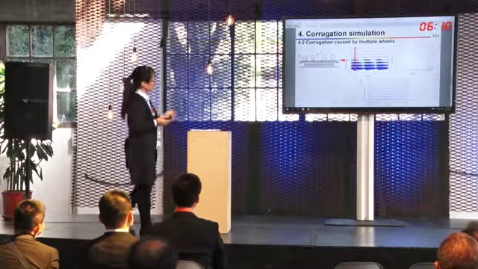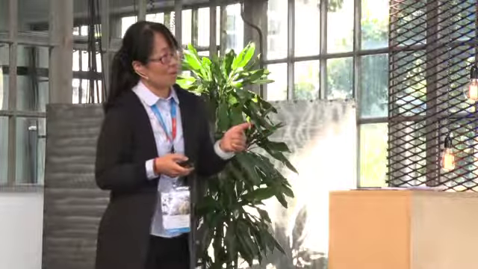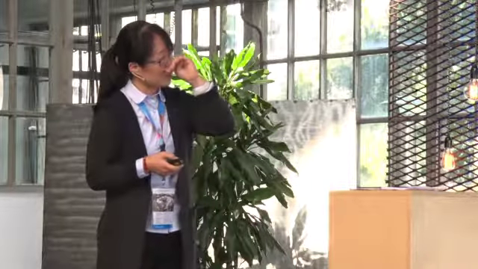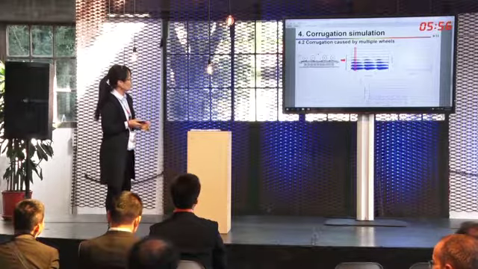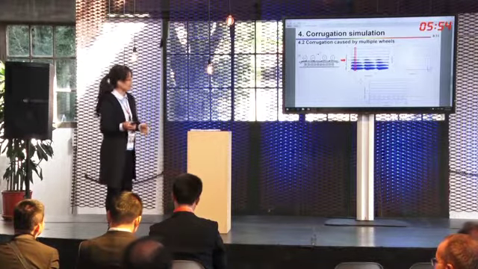Okay, the next point is the corrugation caused by multiple wheels. In practice, multiple wheels can produce wear on the rail head simultaneously.